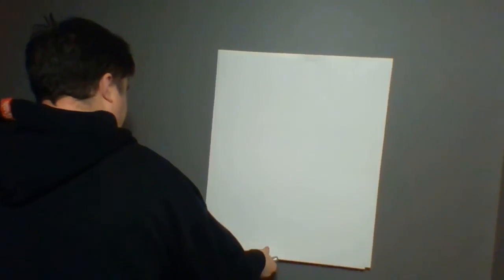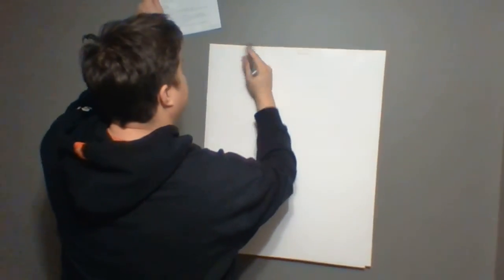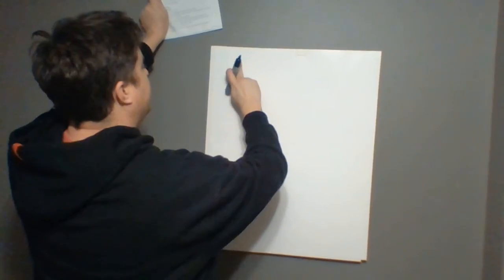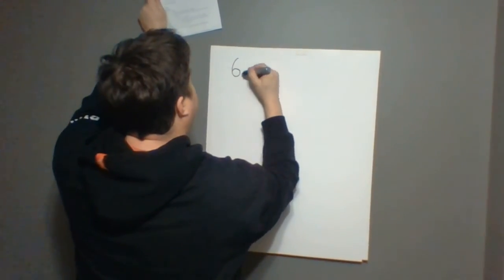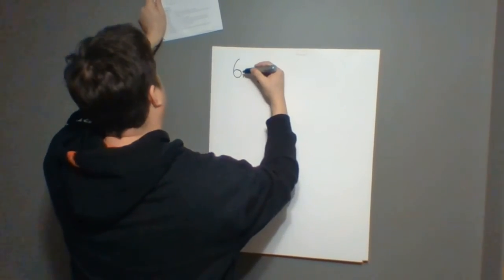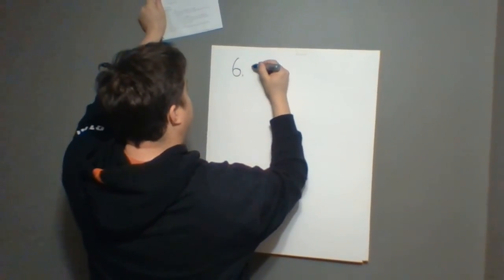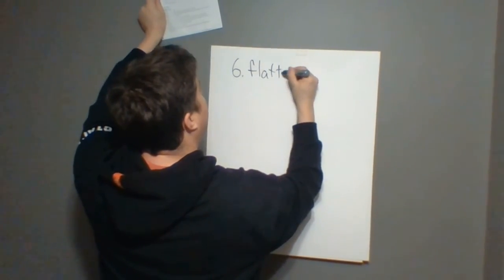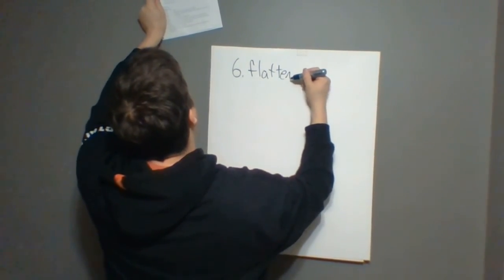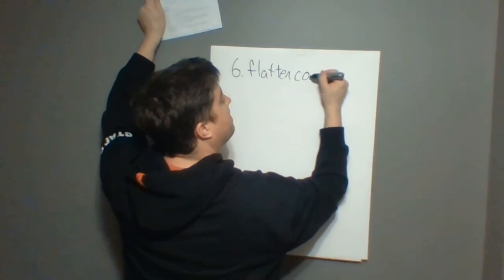What number were we on? I kind of forgot. I think we were on 5. So now we're going to go to 6. We're going to start in our top left corner, same margin, about 2 or 3 inches in. We're going to flatten cookies with a fork.